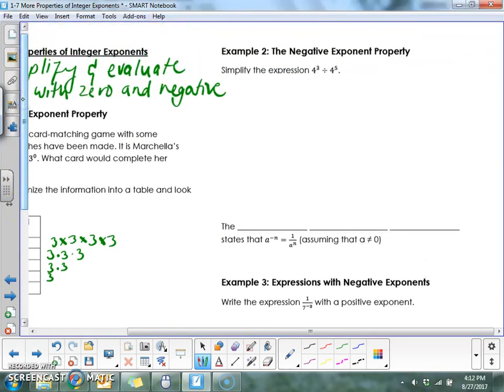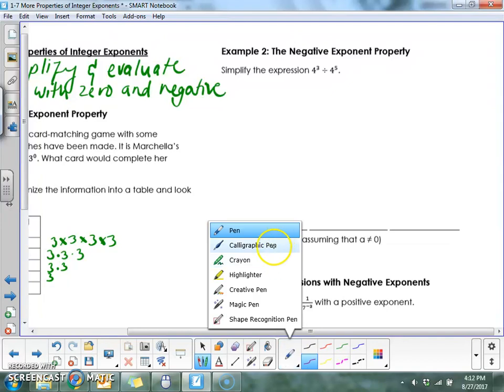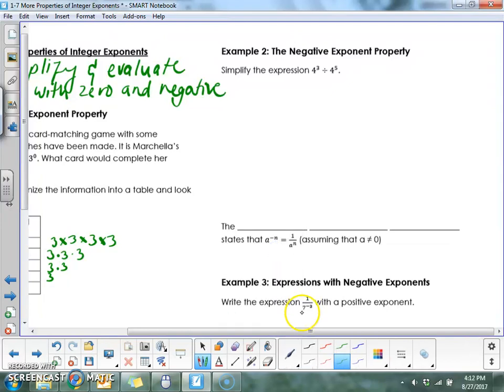Example 2 is when you have the negative exponent property. Here we have: simplify the expression 4 cubed divided by 4 to the 5th. We're going to do what we learned two days ago when we talked about dividing powers.